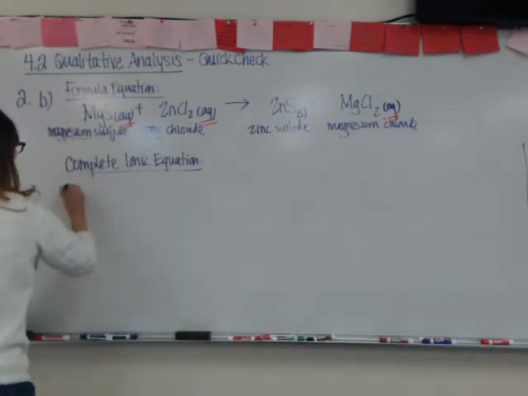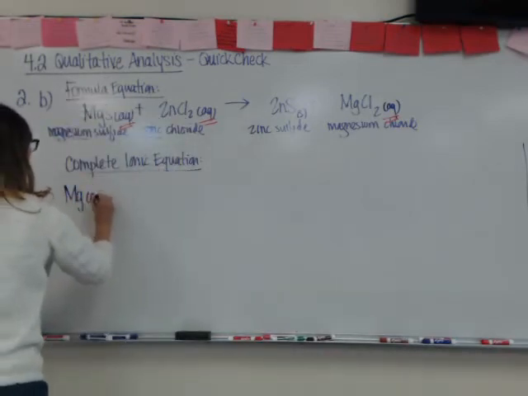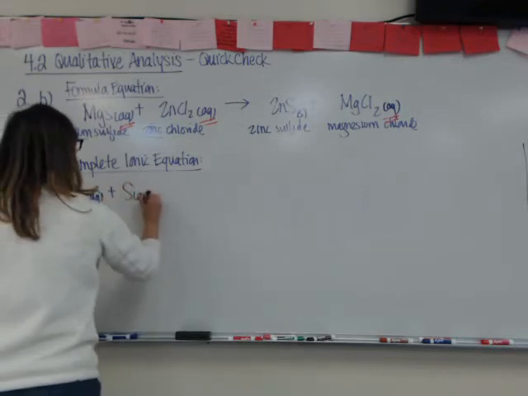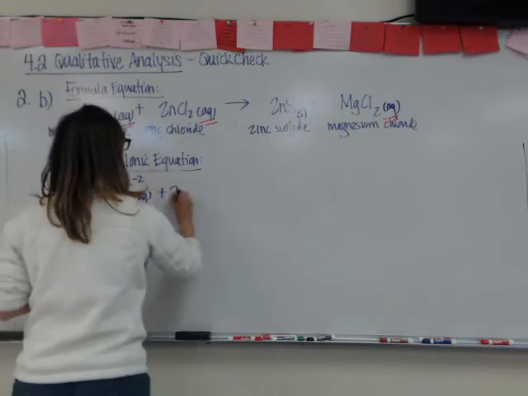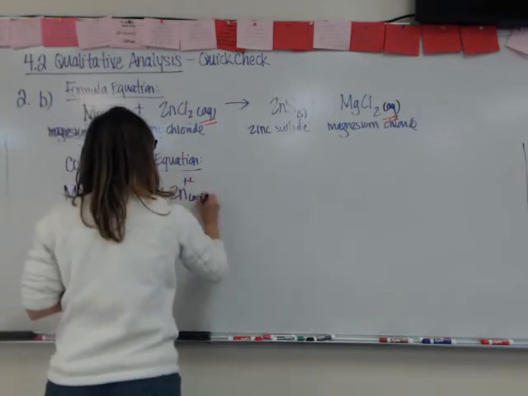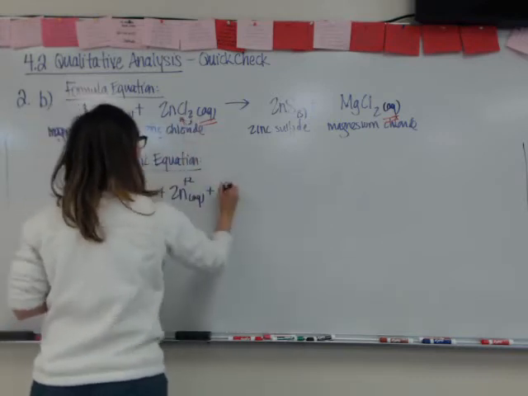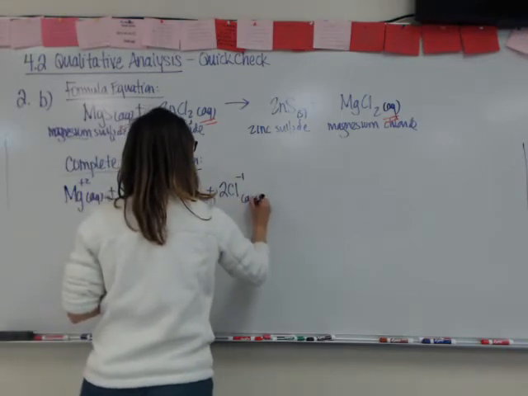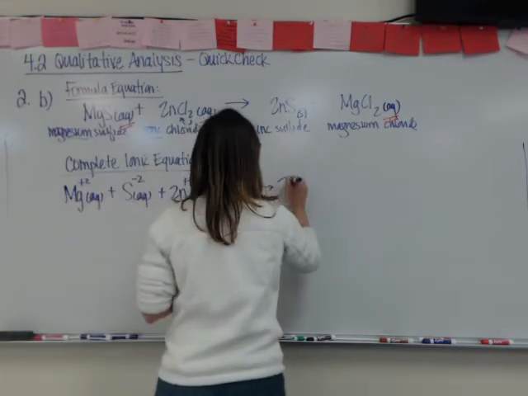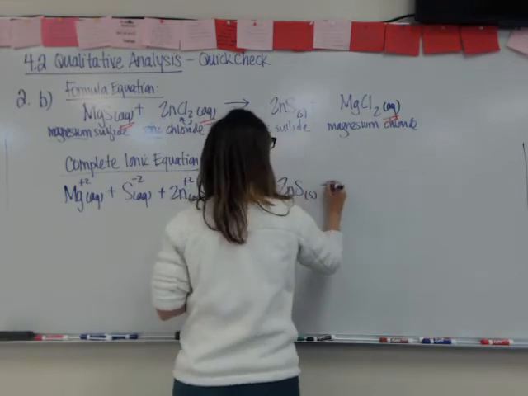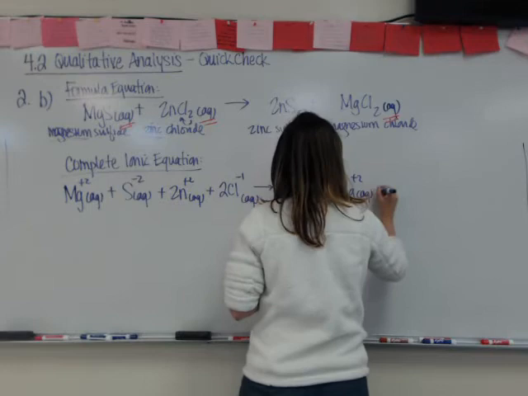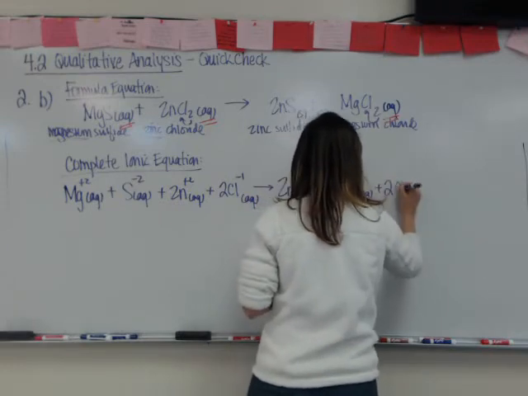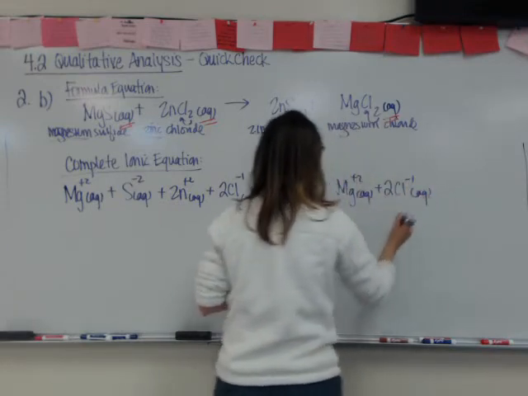So I'm going to have a magnesium ion, a sulfide ion, don't forget to include the charges, and then a zinc ion, 2 chloride ions, you leave the zinc sulfide as it is, a magnesium ion, and then 2 chloride ions. So it looks like this.